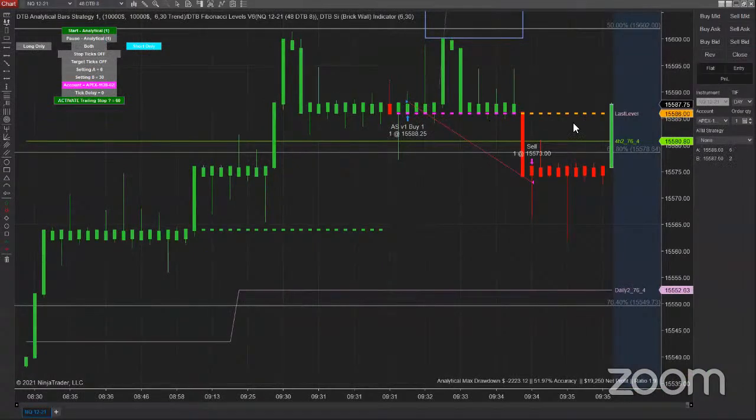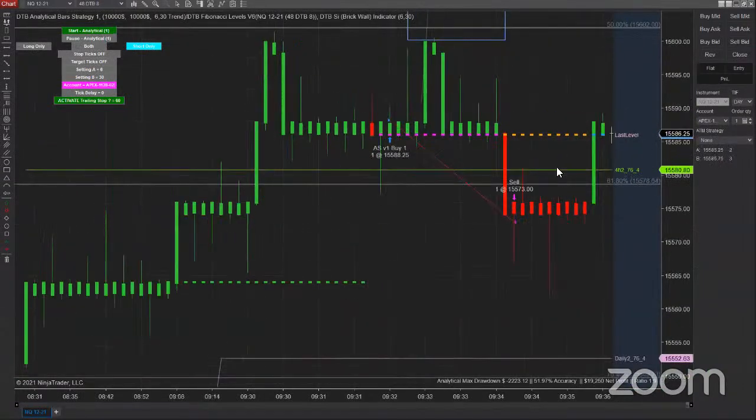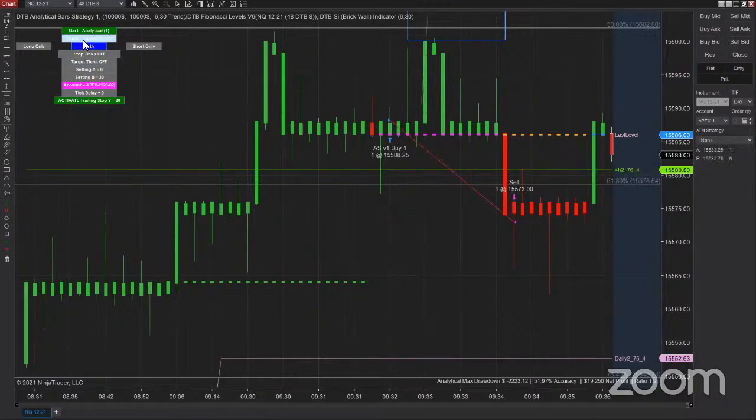Okay, so here we are again. We're above this level. I've switched over to both again. Kind of not really certain what it wants to do.